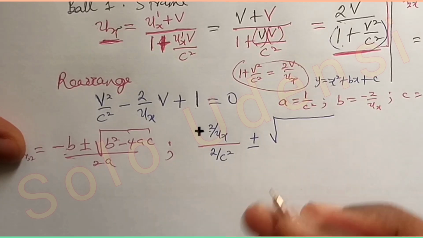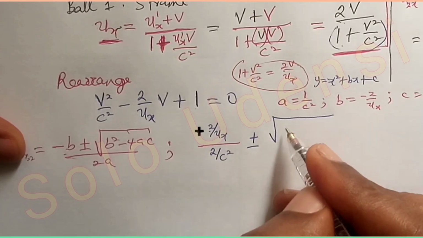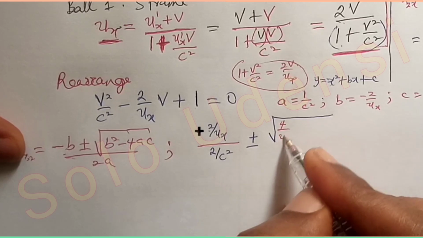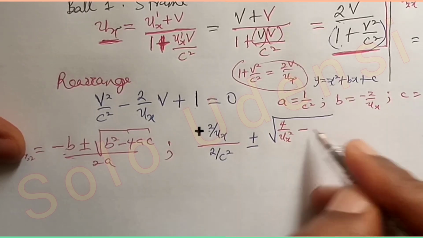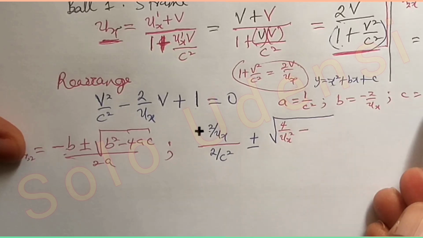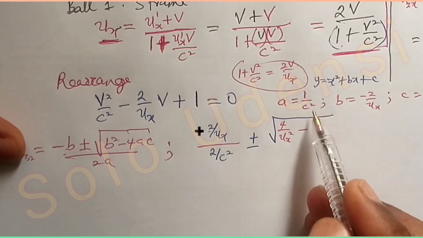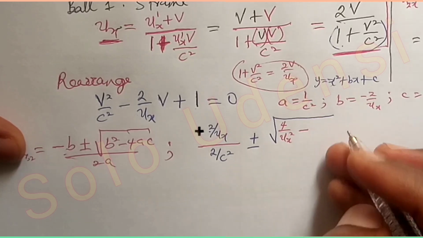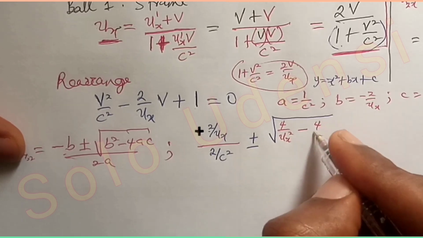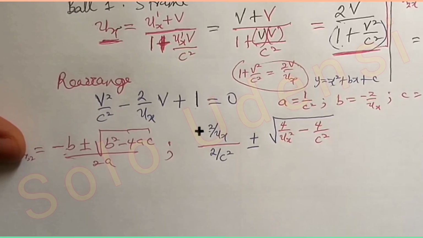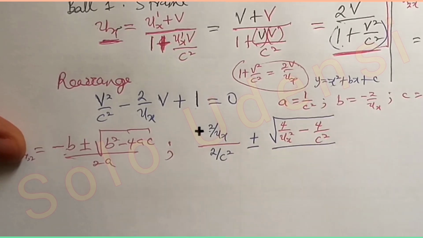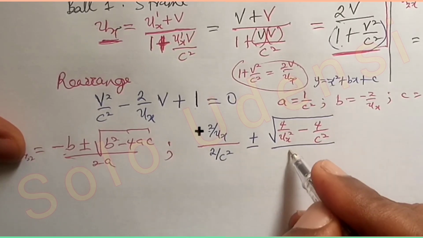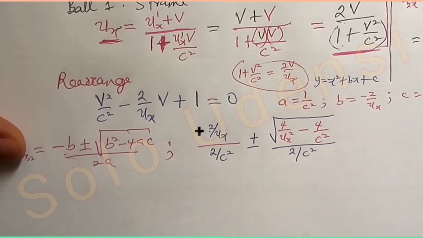Anywhere you see b squared will be 4 over ux squared, minus 4ac, which is 4 times a, that's 4 over c squared, all over 2a. 2a we have found to be 2 over c squared.